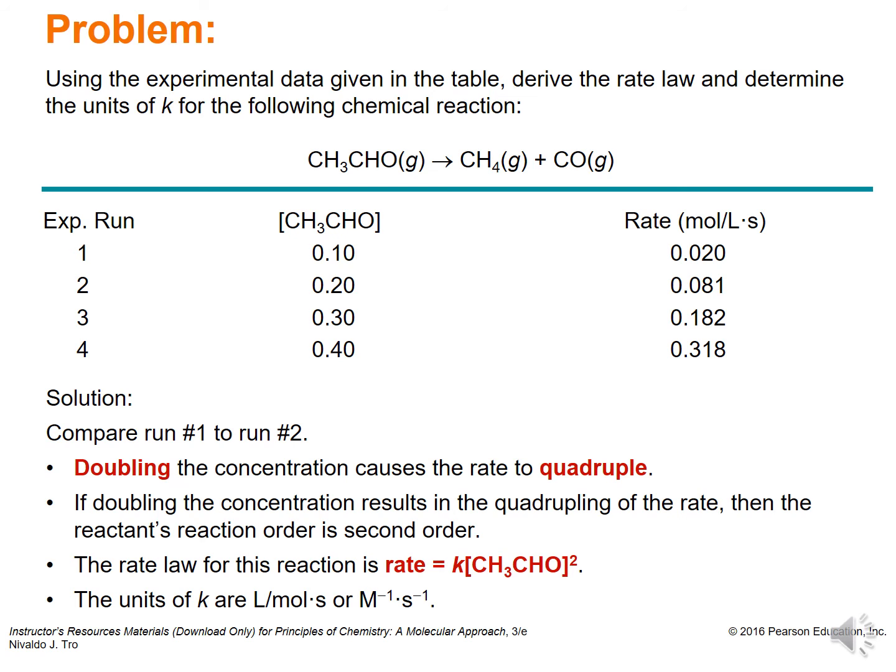So if doubling the concentration results in the quadrupling of rate, as we said before, that's an indication that the reactant is second order. The rate law is then rate equals K times CH3CHO to the 2nd power. The units of K in this example would be liters per mole per second, or molar to the minus 1 per second.